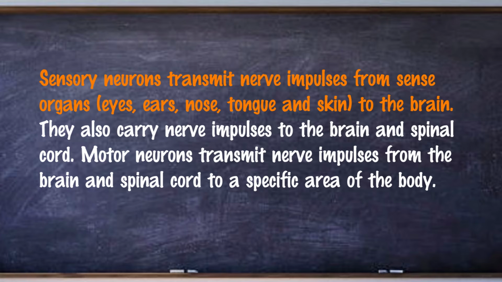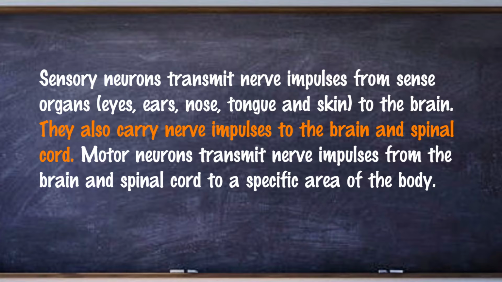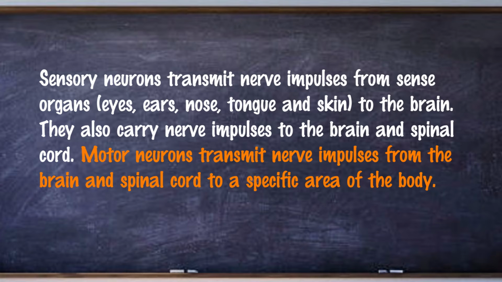Sensory neurons transmit nerve impulses from sense organs like the eyes, the ears, the nose, the tongue, and the skin to the brain. They also carry nerve impulses to the brain and the spinal cord. Motor neurons transmit nerve impulses from the brain and the spinal cord to a specific area of the body.